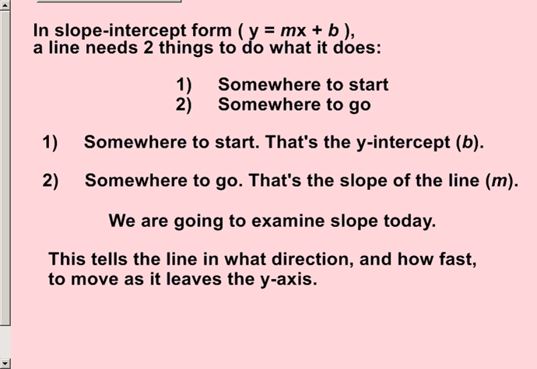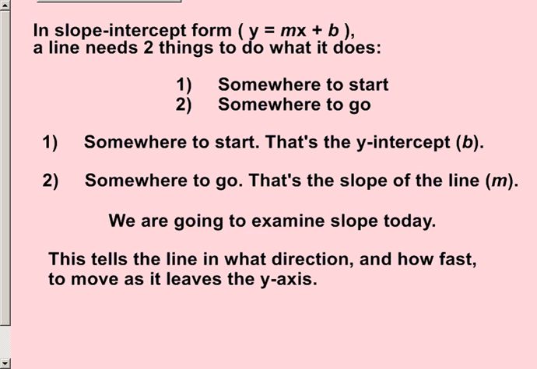Now, m tells the line in what direction to move, and how fast to move, as it leaves the y-axis. When we talk about the direction for it to move, it could move upward as we read the graph from left to right. It could move downward as we read the graph from left to right.